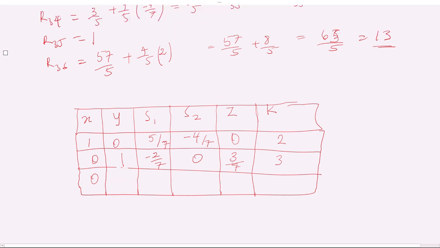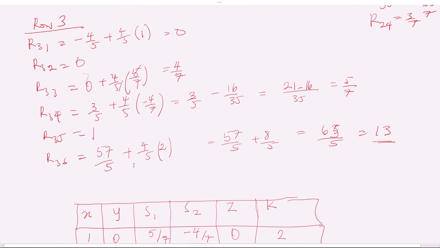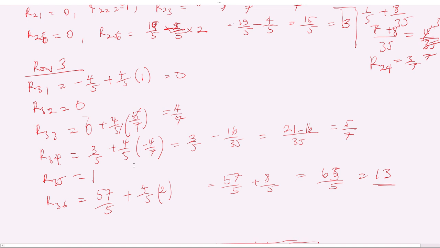I have an idea what it should look like. So this is 0, then 4 over 7, 5 over 7, 1 and 13.